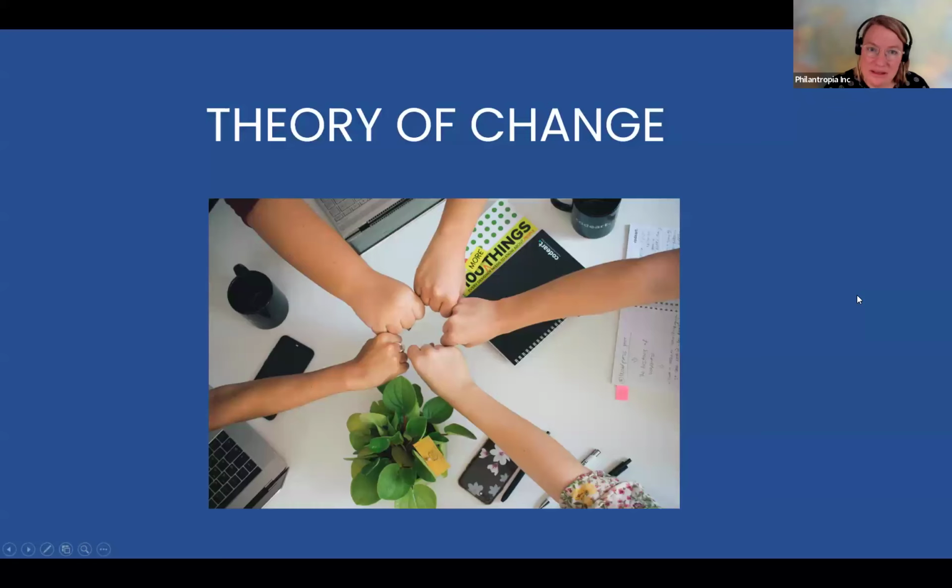So again, the first one is the theory of change. The theory of change describes the way that you think you will make a change in society, in the lives of people, in communities, etc. It describes your mission, what you want to achieve, and how you want to achieve that. So it kind of describes the way that you want to achieve change.